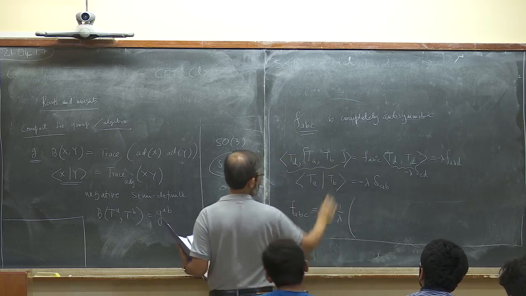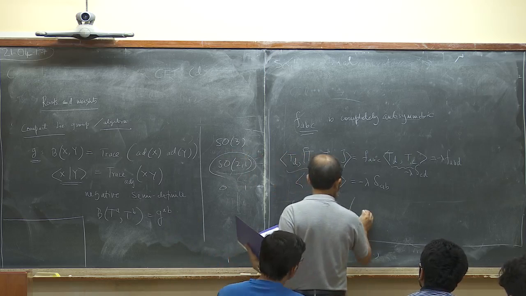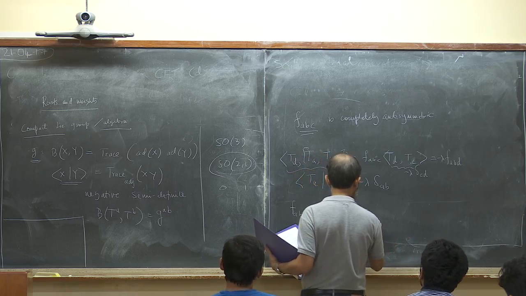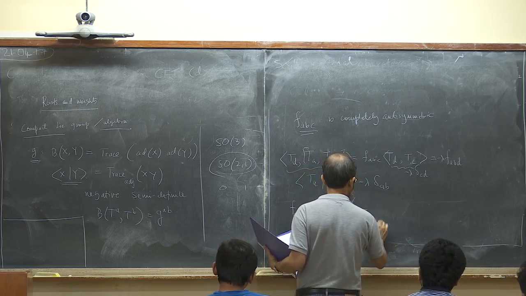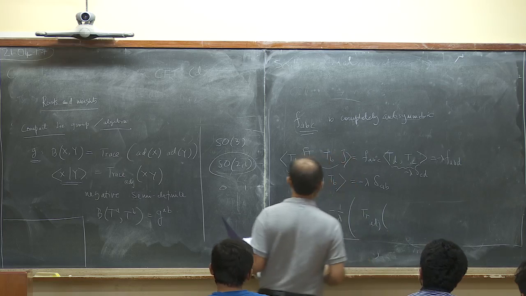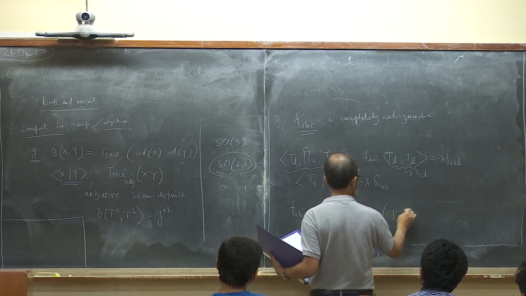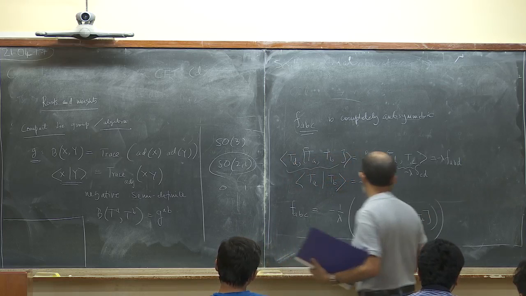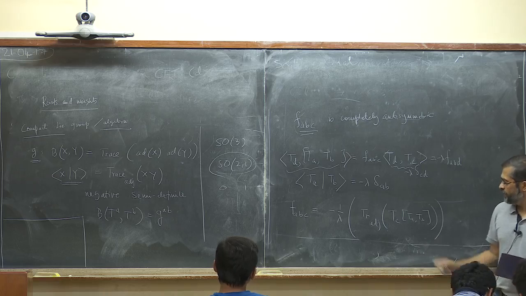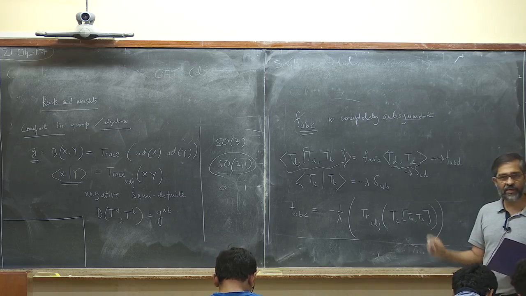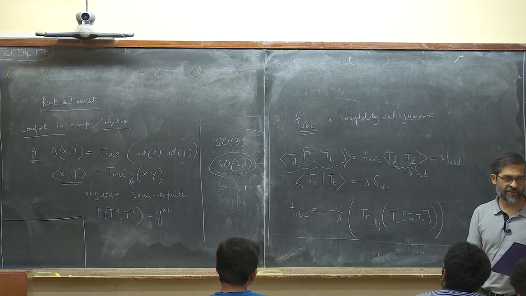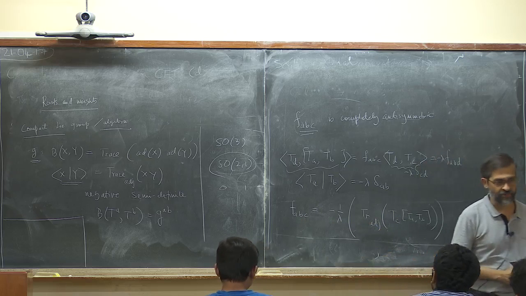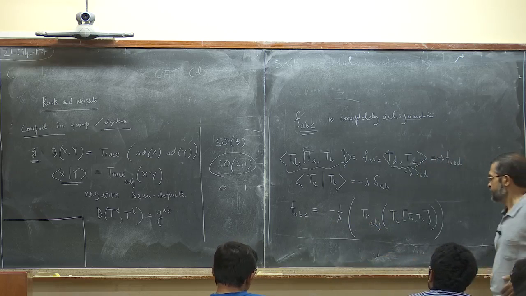Now I will write down this inner product in terms of traces in the adjoint representation. Everything is an adjoint representation matrix, so this is the trace in the adjoint of T_C, T_A, T_B. Now we know that the antisymmetry in A and B is obvious. But I want to claim that it is also antisymmetric in B and C. Why?